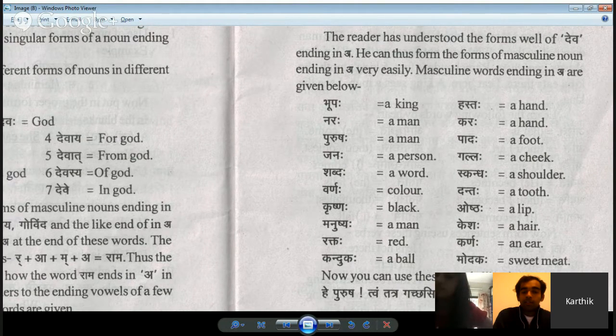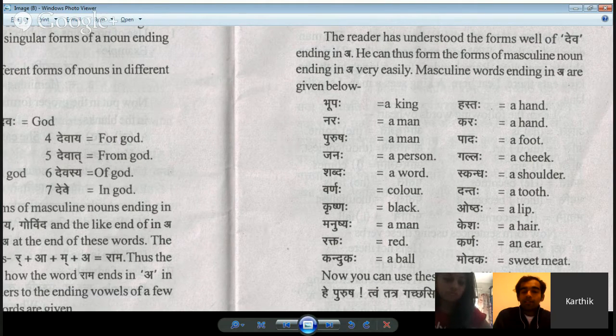Krishnaha, black. Manushyaha, a man. Raktaha, red. Kandukaha, a ball. Hastaha, karaha, both mean hand. Padaha is foot. Gallaha is cheek. Skandhaha, shoulder. Dantaha, tooth. Oshthaha, lip. Keshaha is hair. Karnaha, ear.